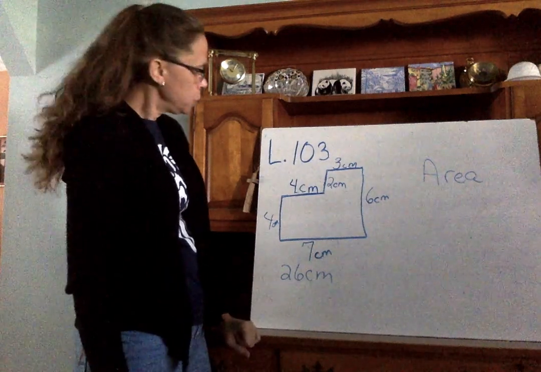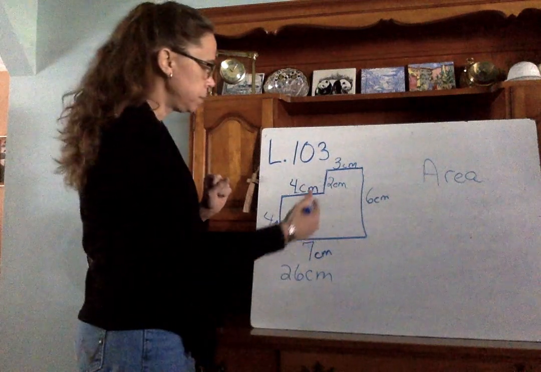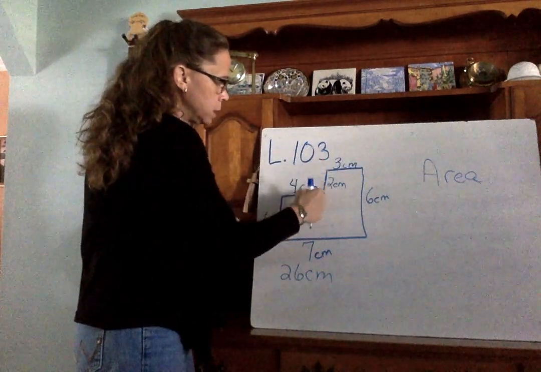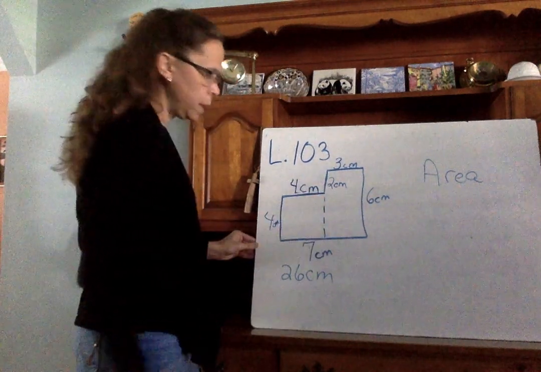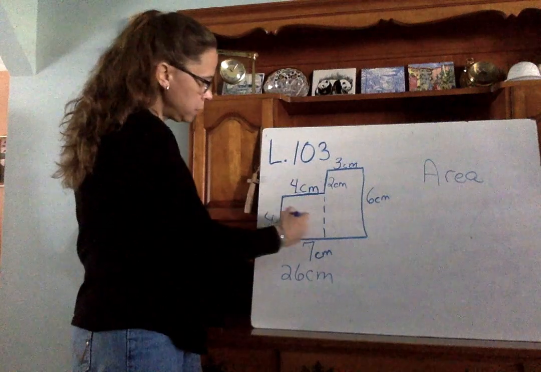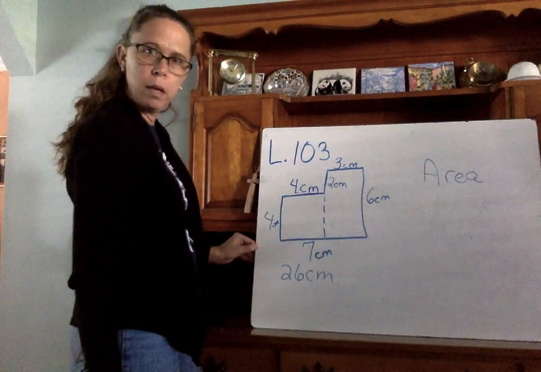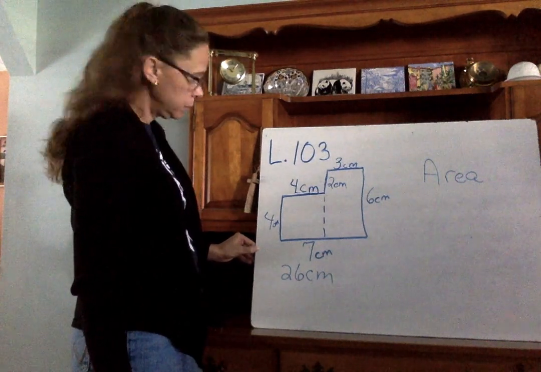Now that I know the lengths of all these sides, I'm going to separate it where the chunk is taken out. I'm going to just extend this. So now I have this part here and this part here. Now these I can find a length and a width on, right?